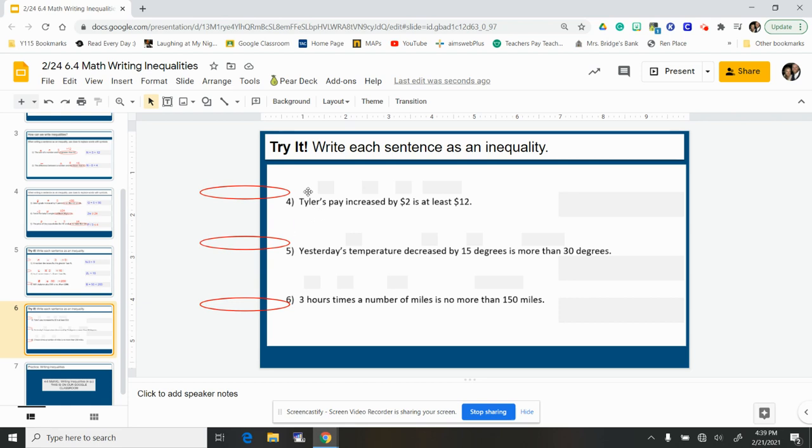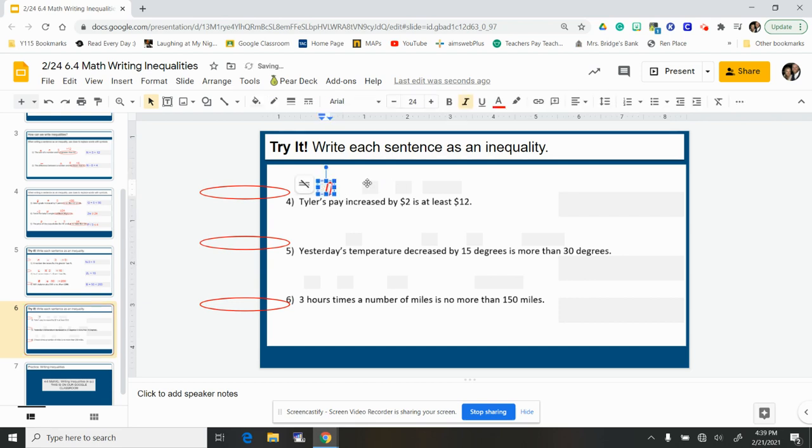All right, hopefully in your Google slide notes, you included the following to piece apart this phrase. So Tyler's pay, you didn't know. Hopefully up above here, you put a variable. Increased by, hopefully you put a plus sign because you're dealing with addition. 2 is that important number.